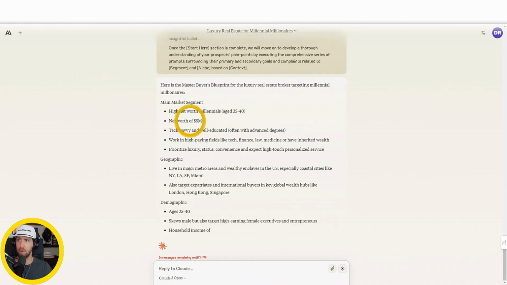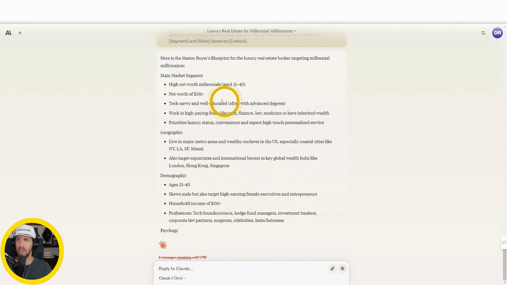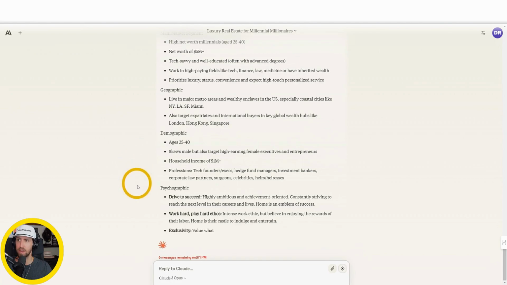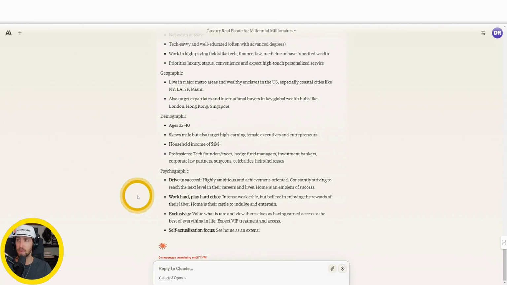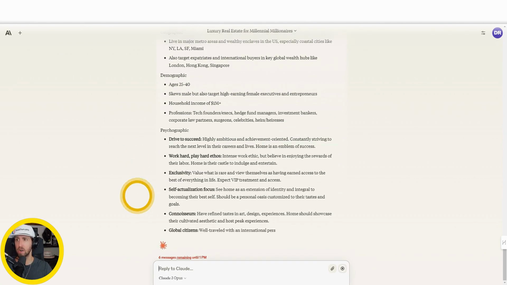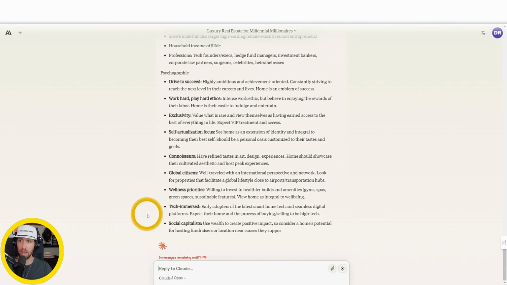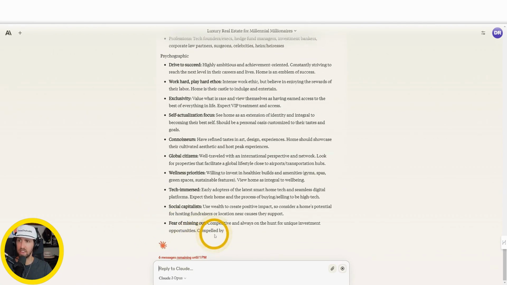So we have high net worth individuals, and it's breaking down what it already started to build off of. So we have our geographic, our demographic, our psychographic, a little bit of reiteration here on what we've already given it. Tech immersed, social capitalists, fear of missing out.